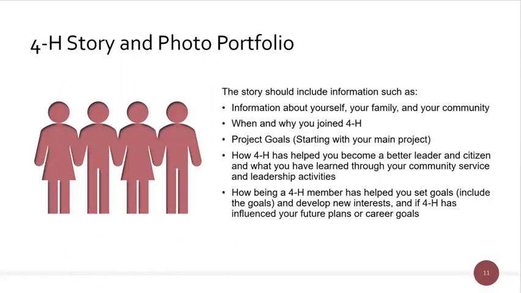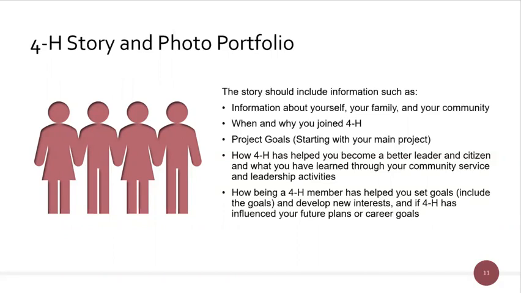All right, well, let's talk about the first major section of our record book, and that is our 4-H story and our photo portfolio. So the story should focus on information from your current 4-H year. However, it can include information from your previous years also. You can have a title that says My 4-H Horse Project or My 4-H Photography Project.